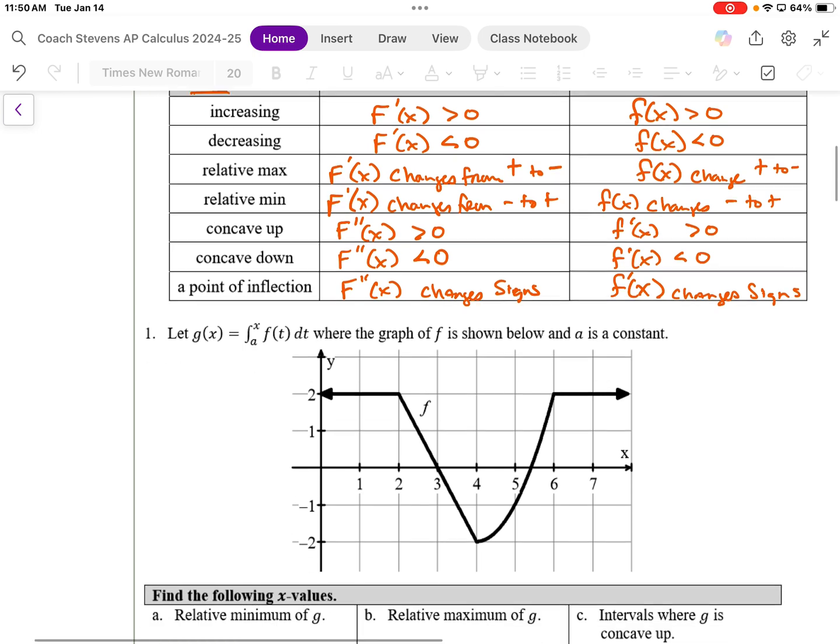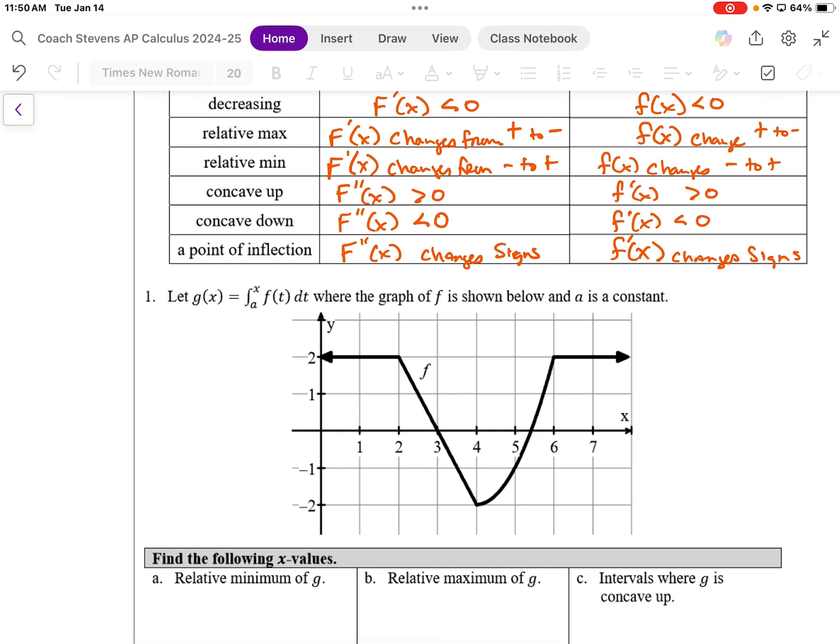As we go to the next part, they're telling us that let g of x equal the antiderivative from a to x of f of t dt, where f is shown below and a is a constant. Now, what we also want to realize is that this is also g prime.